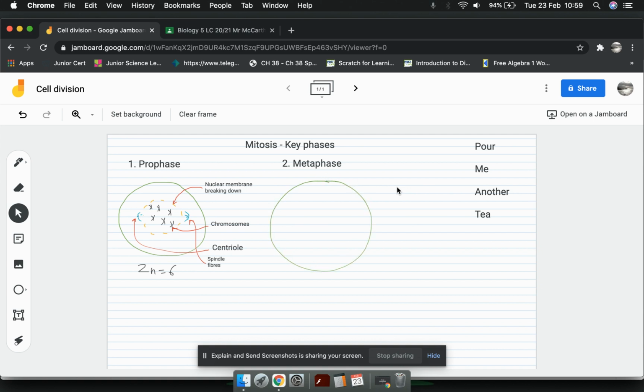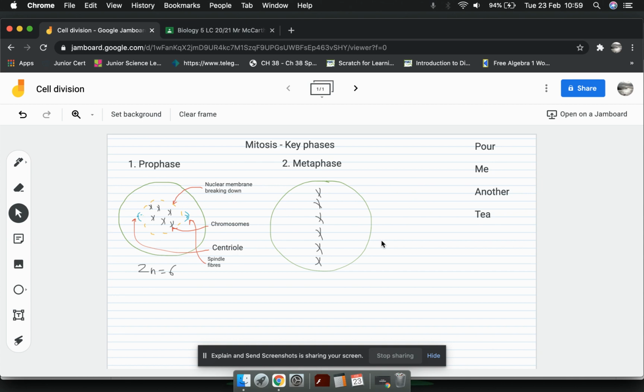I need to draw 6 chromosomes, and they're lined up nicely along the nucleus: 1, 2, 3, 4, 5, 6. The size of the cell itself doesn't matter too much, just as long as you have drawn in the structures inside the cell. You're not being marked on the cell itself, you're being marked on what's happening in the cell.